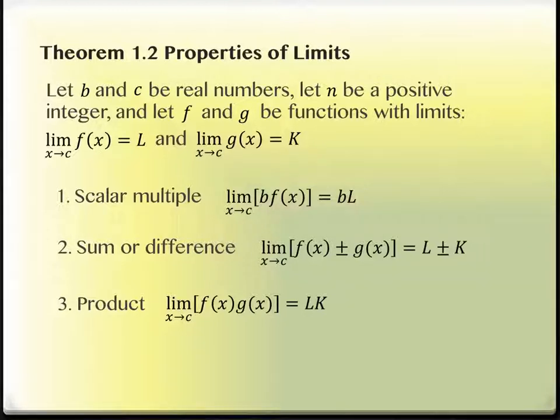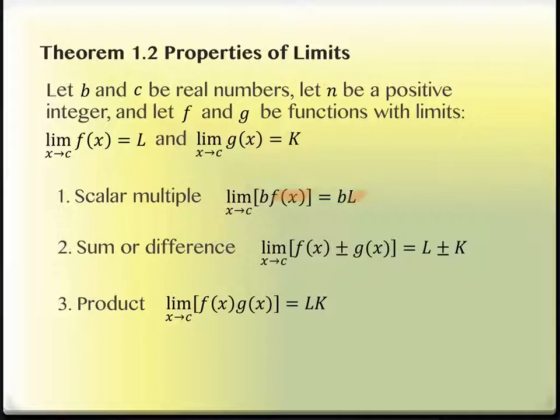So if the limit as x approaches c of f of x is L, and the limit as x approaches c of g of x is k, then if we multiply f of x by a constant, we're going to multiply the limit value. What you're seeing here is that f of x and this L, when we get close enough, are the same value, right?